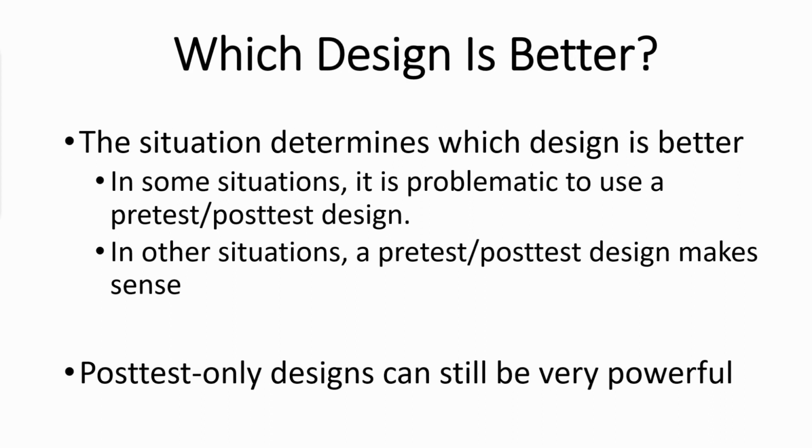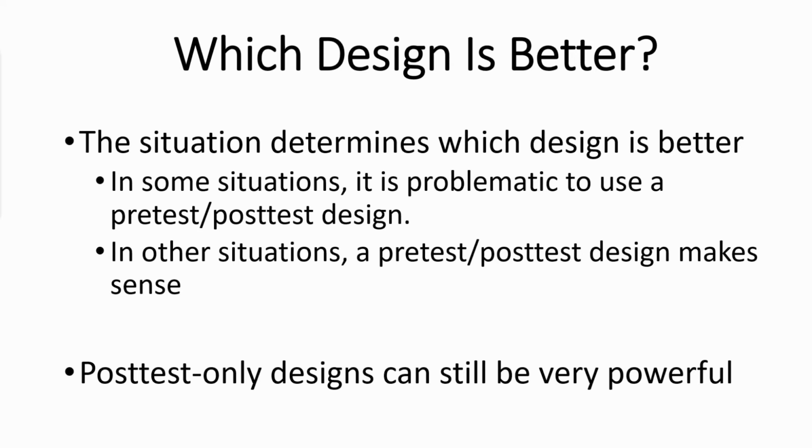So not always viable. But in other cases, you can come up with a way to make a pretest post-test design work, and it can help you actually get that initial establishing confirmation that your two groups are the same before treatment, which is really, really helpful. But we should keep in mind that that doesn't mean that our post-test designs are bad.